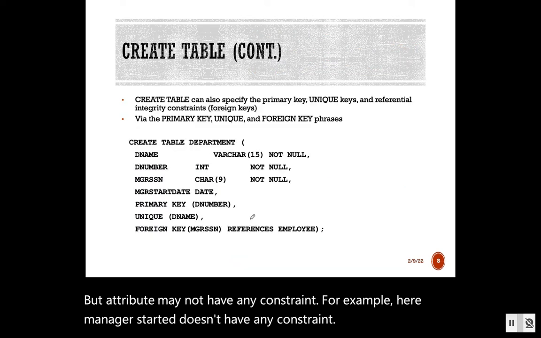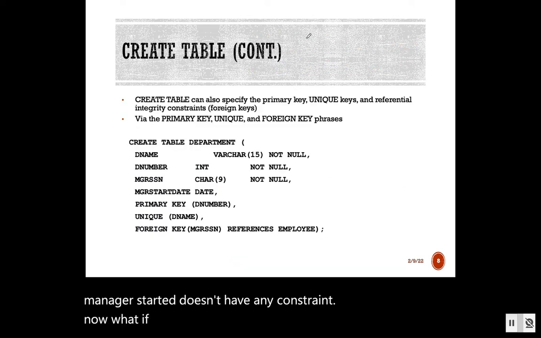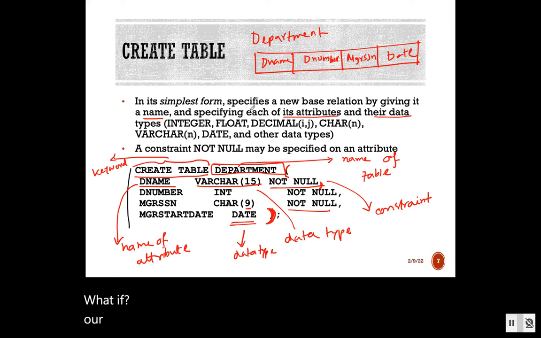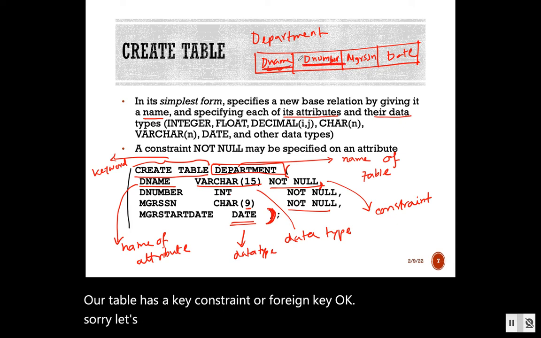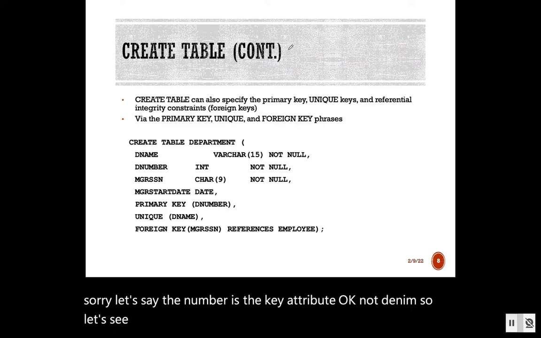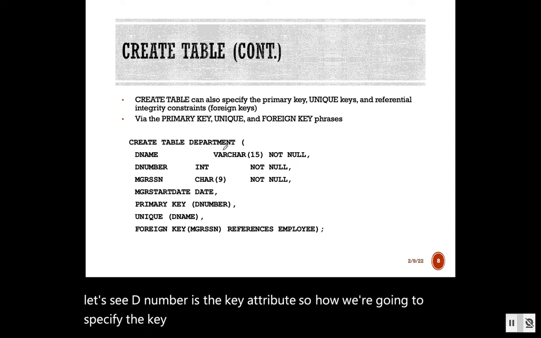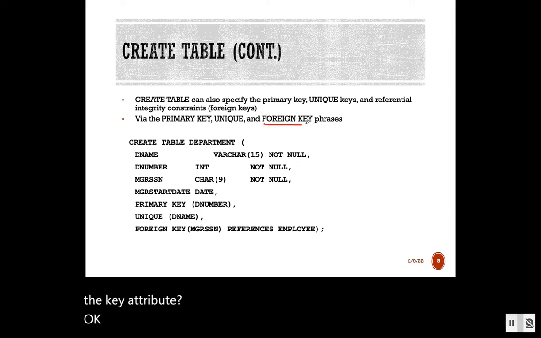Now what if a table has a key constraint or foreign key? Sorry, let's say dnumber is the key attribute, not dname. So how are we going to specify the key attribute, or we can also specify the foreign key.